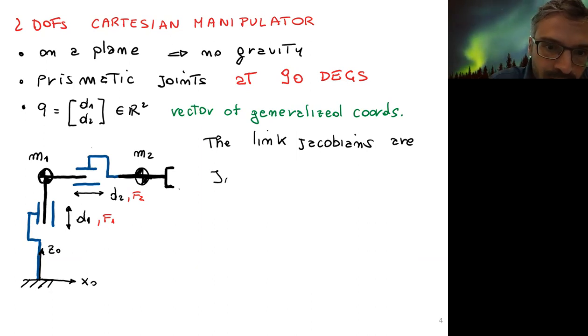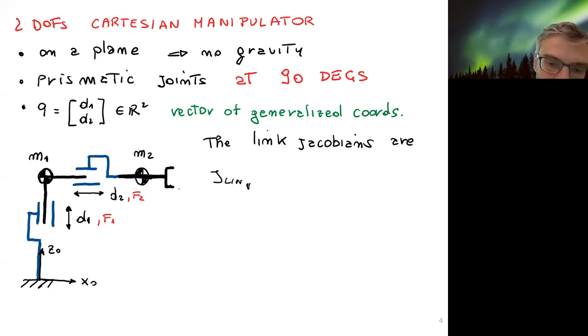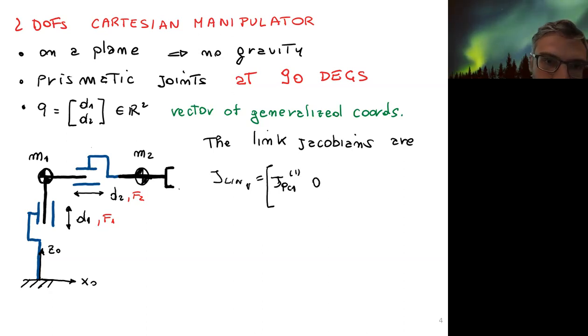So J_lin1, you remember, we have the contribution of the first joint and zeros for the joint after this.